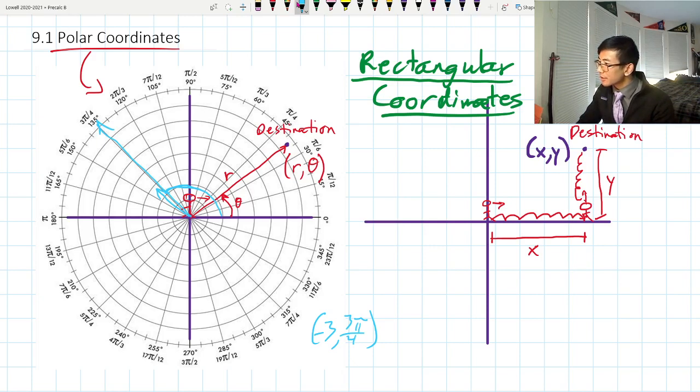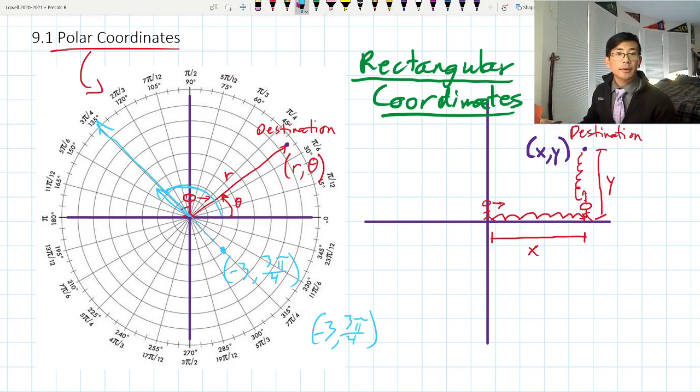So let's notate this. 1, 2, 3, and we'll just say that each of these circles is 1 unit. And so that's what this point would be. This point is at negative 3, 3 pi over 4. Note that this also means that it's a little bit different than rectangular coordinates, because in rectangular coordinates, xy is xy, and there's nothing else.